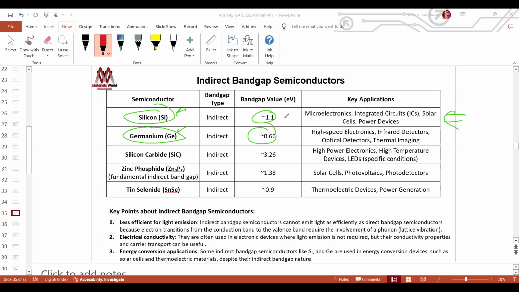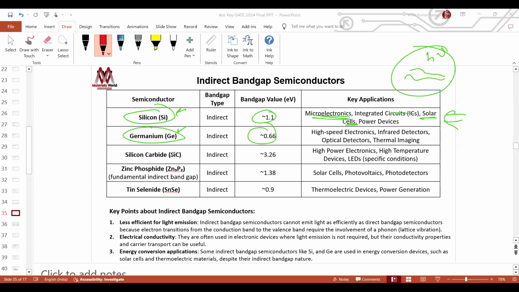All the transistors and chips use silicon; the whole electronics industry is based on silicon. Without silicon and germanium, the whole semiconductor industry is nothing. Microelectronics, IC circuits, and solar cells for energy conversion are fine, but emitting visible light is difficult.